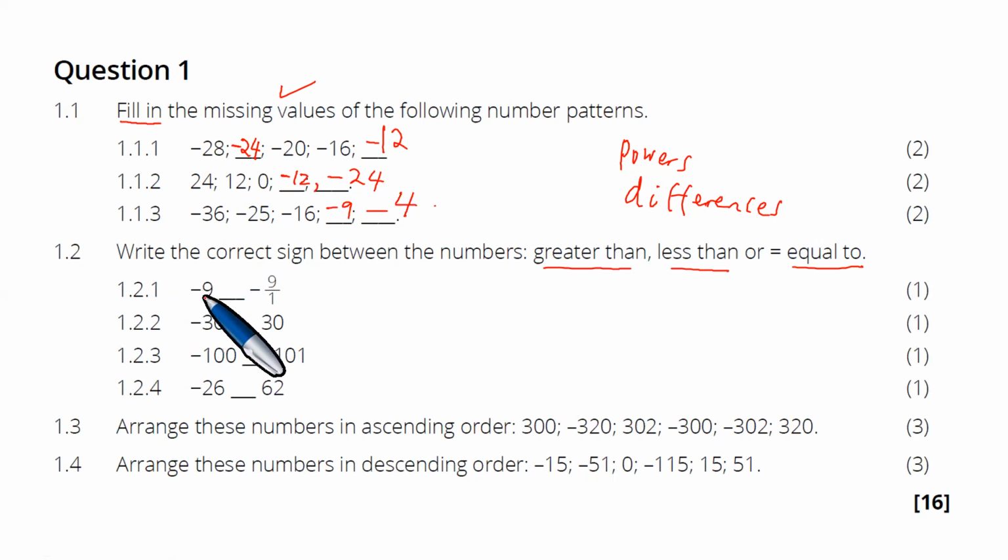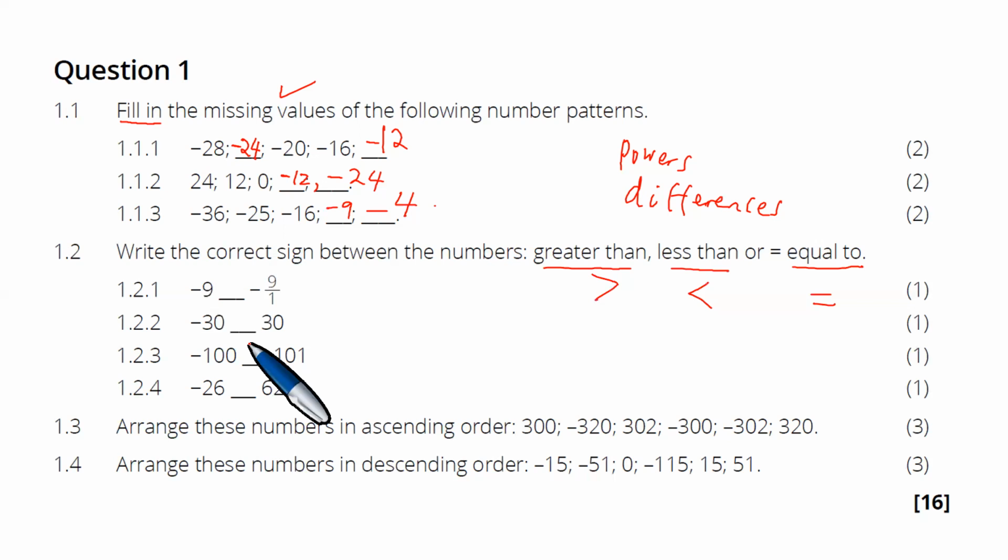You have minus 9, and then we must put a sign here, either greater than, less than, or equal to. If we compare minus 9 and minus 9 over 1, which one is bigger? Which is less than? Which is equal? So what sign do we put?